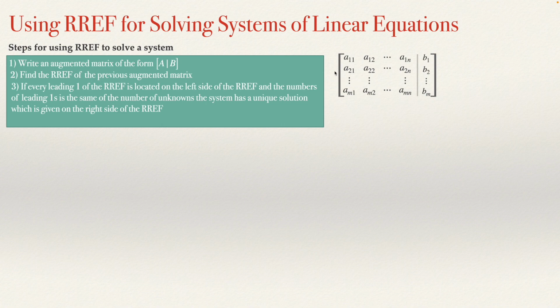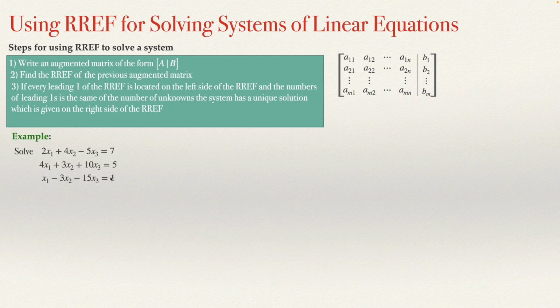If you have 7 leading ones, none in the last column, and 7 unknowns, we also have a unique solution. So in this way, you notice with the reduced row echelon form that the system has a unique solution, and that will be given on the right side. The last column of the reduced row echelon form will have the solutions.